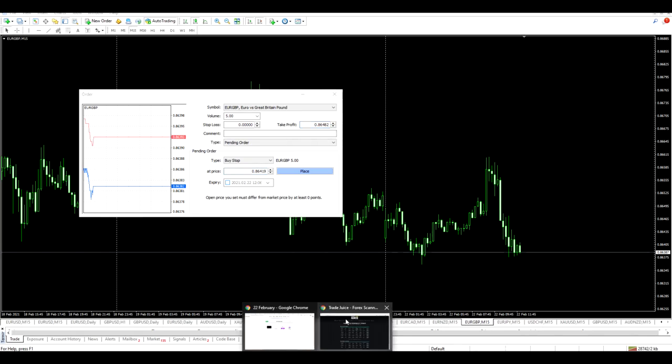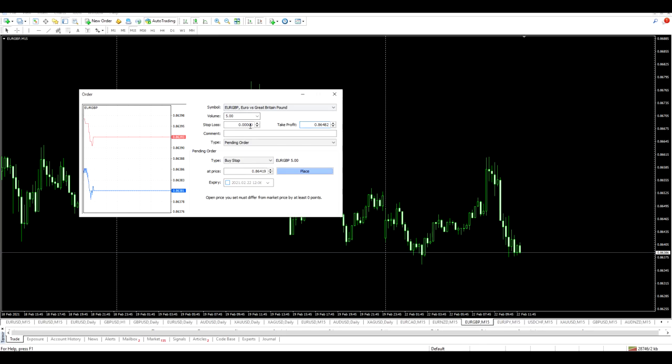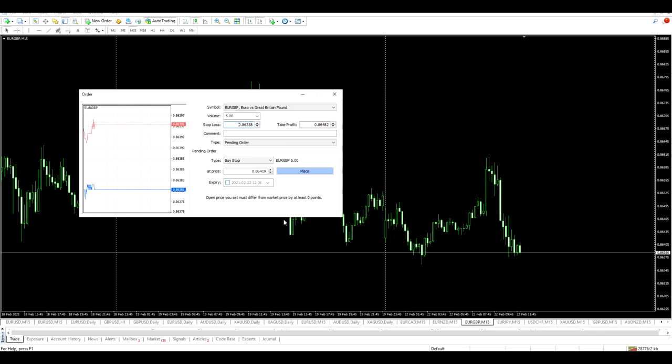After that, we are just going to copy the target price, copying it to take profit, and finally the stop loss. Then you can place the trade, or you can go here to expiry and put an expiry of 2-3 hours, because you're always going to have more trades.